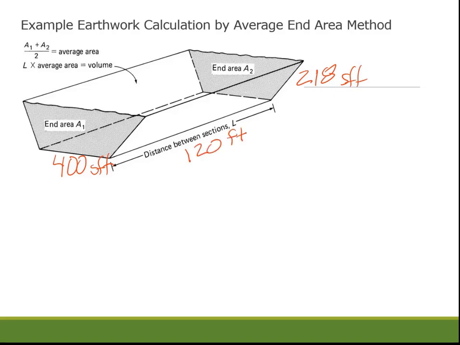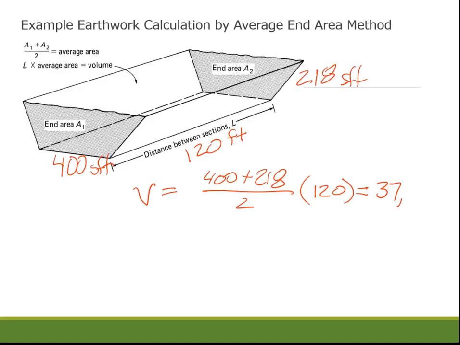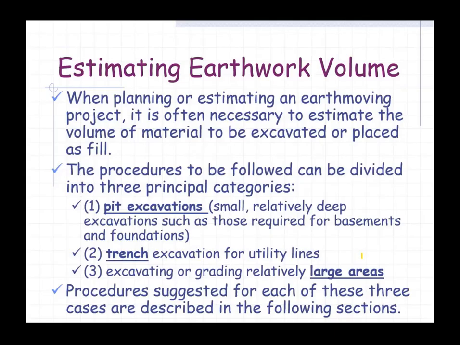I would compute my volume as the average end area, 400 plus 218 divided by 2, and then multiplied by the length, 120, which gives me a volume of 37,080 cubic feet.